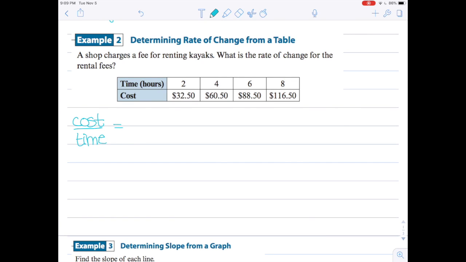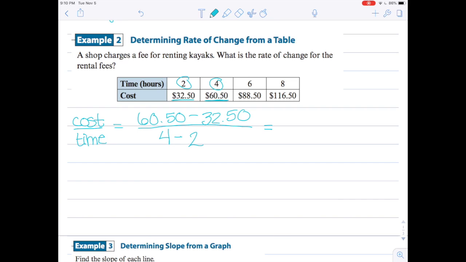So let's make it easy. Let's take $60.50 for our first cost and subtract $32.50 for the second cost. Then we're going to take all of that divided by 4 hours minus the 2 hours for the $32.50.